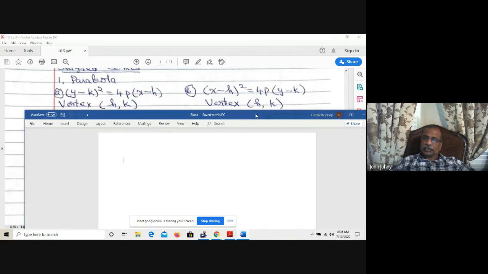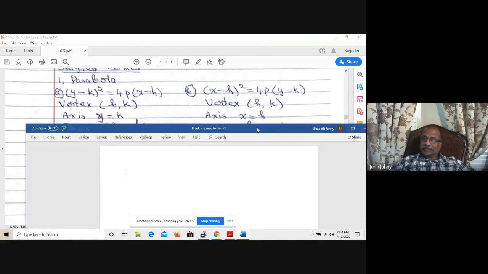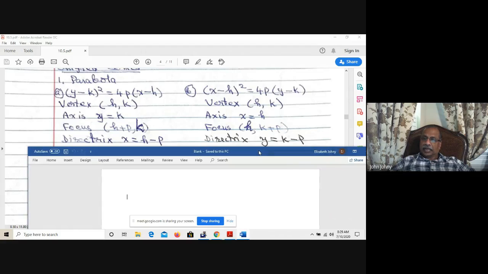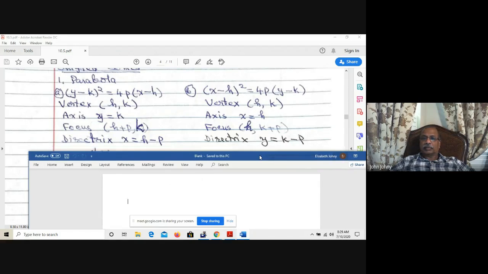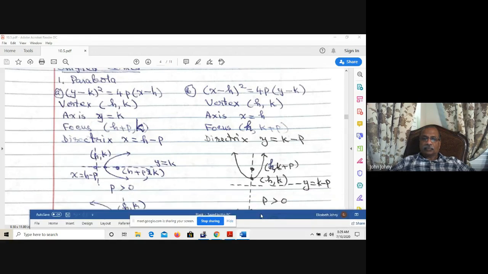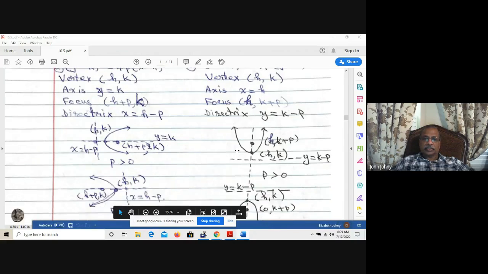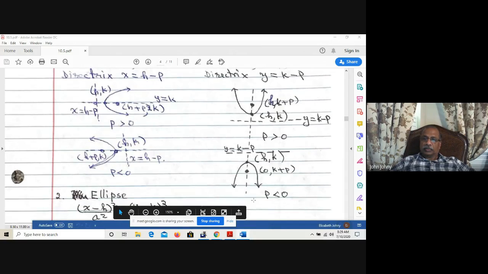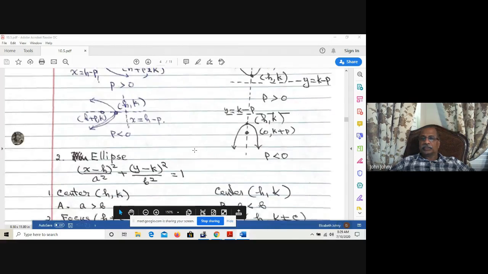The vertex is (h, k). The axis is x is equal to h, that is a vertical line. The focus is (h, k plus p). The directrix is y is equal to k minus p. And the graph looks like these two cases. Here, this is a case where p is positive. This is a case where p is negative. Same as before, concave up if p is positive, concave down if p is negative.